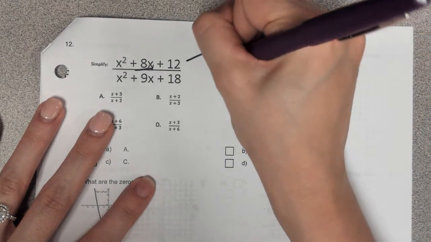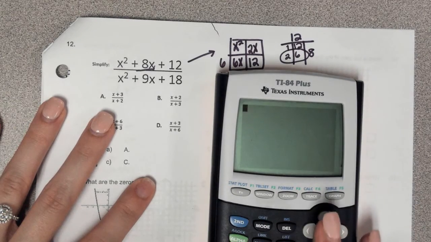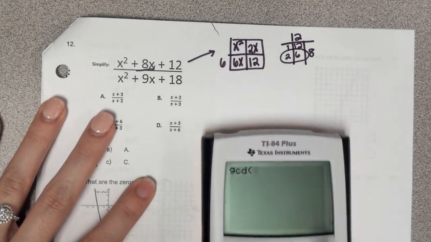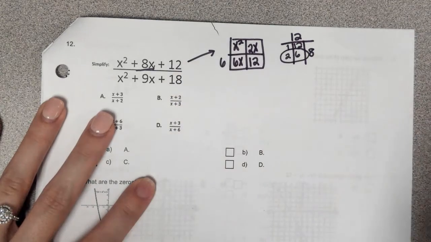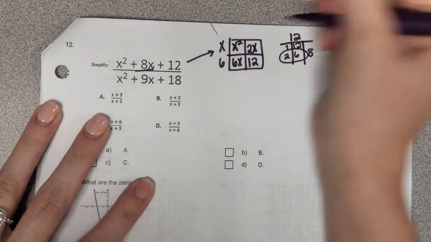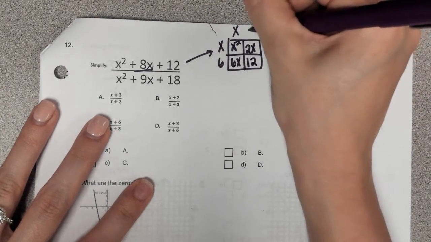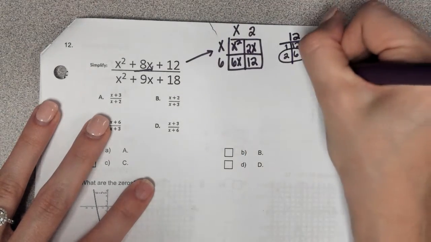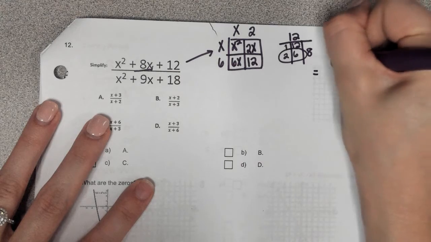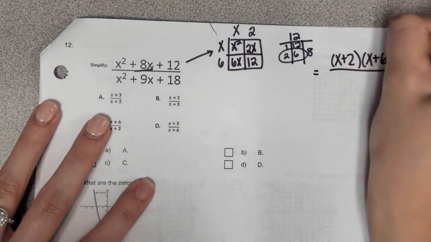Both of those can be divided by 6. And remember, you could do math. Write 9, 6, 12. 6. Both of those have an x. Both of those have an x. Both of those can be divided by 2. So your factors for the top become x plus 2 and x plus 6.